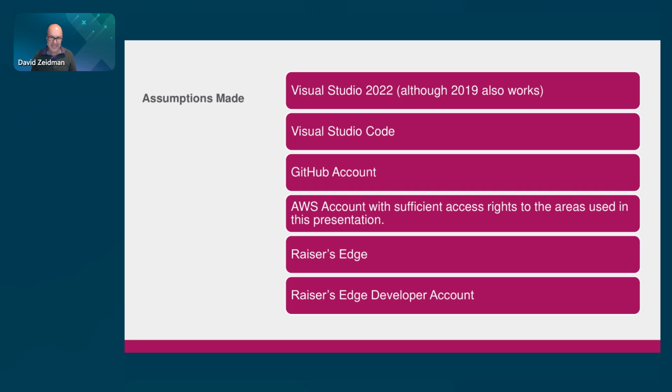We have an AWS account with enough access to cover all the elements we're working with here. If you're just testing or practicing, you can use a root account, but I recommend in actual production not to do that, and just give yourself sufficient access. It's best practice. Of course, Raiser's Edge and a Blackbaud developer account as well. Right, so let's get started.